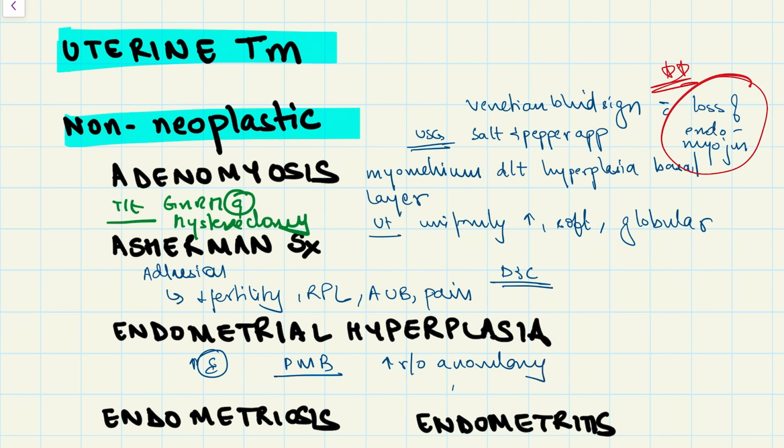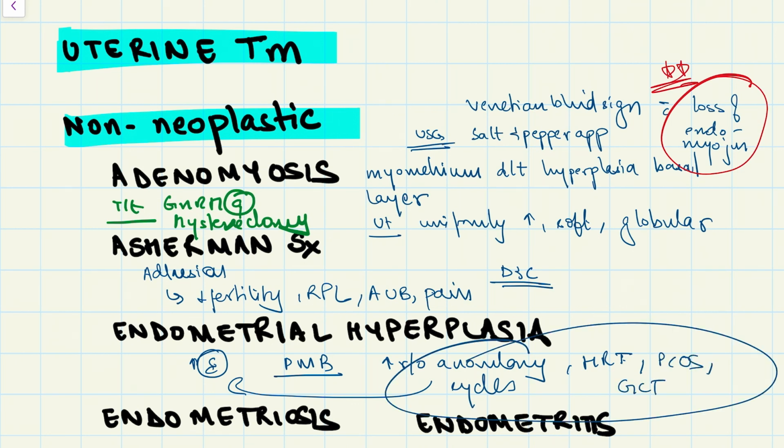Why? Because in anovulatory cycles there is no progesterone, and the increase in estrogen leads to the endometrial hyperplasias. It is also associated with hormone replacement therapy for the same reason, PCOS and granulosa cell tumors. That is all the conditions in which there is increase in estrogen.